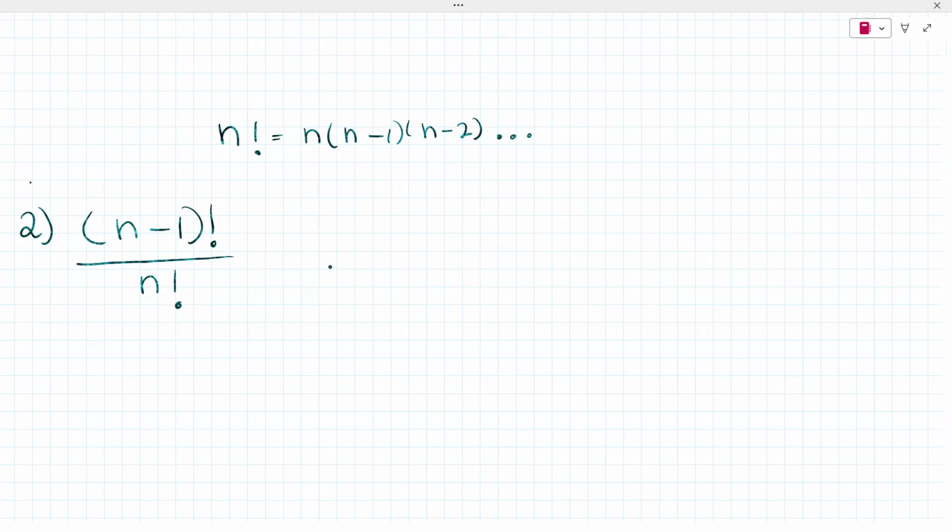And did you also know that 2n factorial is the same thing as 2n times 2n minus 1 times 2n minus 2, dot, dot, dot.